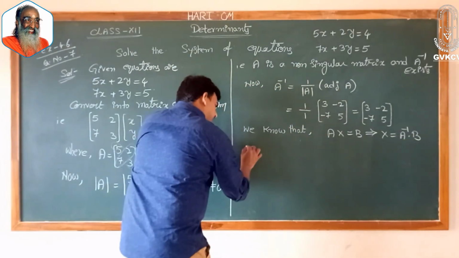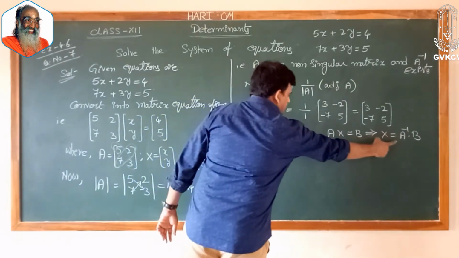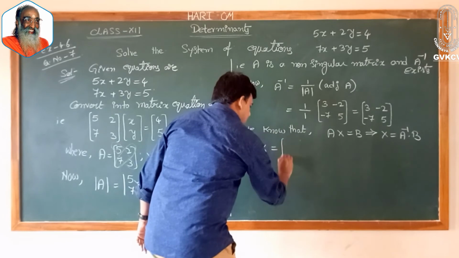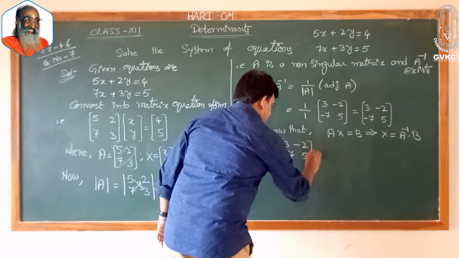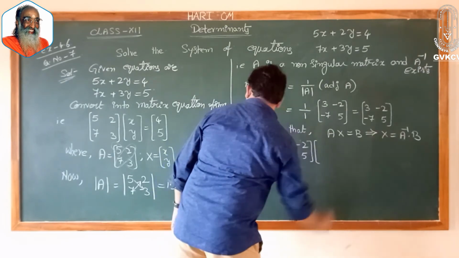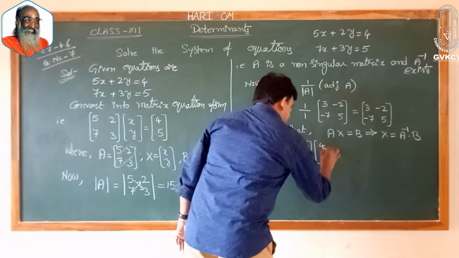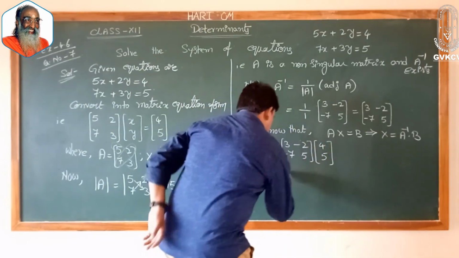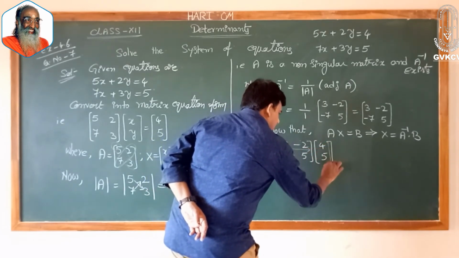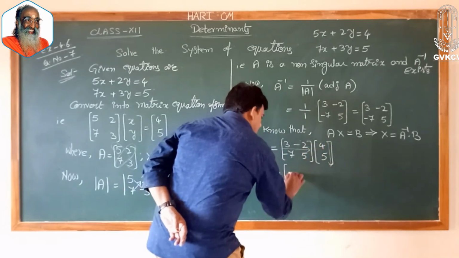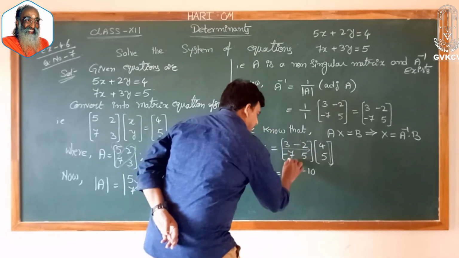Now let us simplify. X is equal to A inverse, which is 3, -2, -7, 5, into the B matrix, which is 4, 5. So that is equal to: row 1 into column 1, 3 into 4 is 12 minus 2 into 5 is 10.